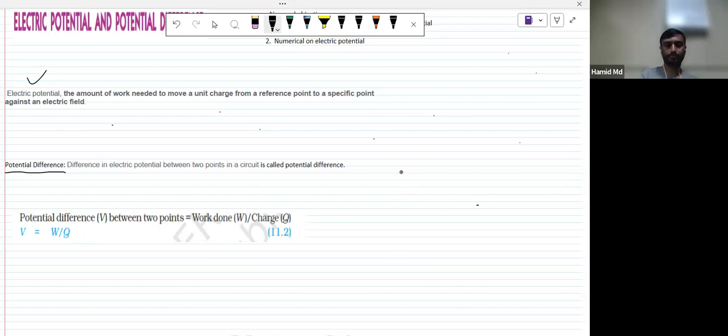Another concept is potential difference. The difference in electric potential between two points in a circuit is called the potential difference. Actually, we already see in this diagram that there is a bulb.